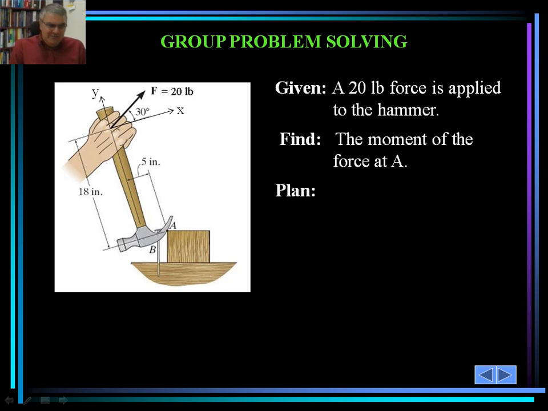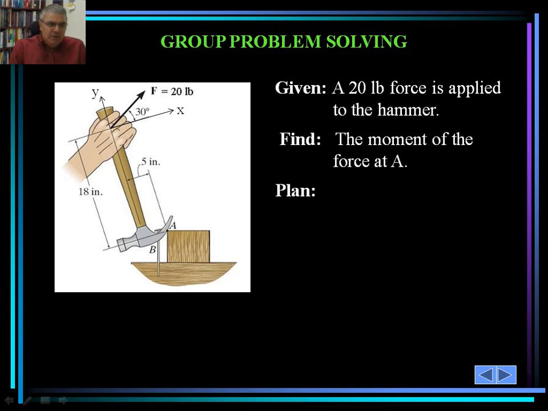So let's take a look at this group problem solving problem. Given a 20-pound force applied to the hammer, the moment of the force at A is unknown, and we would like to determine that. Again, it's a very smart way of pulling those stubborn nails out.